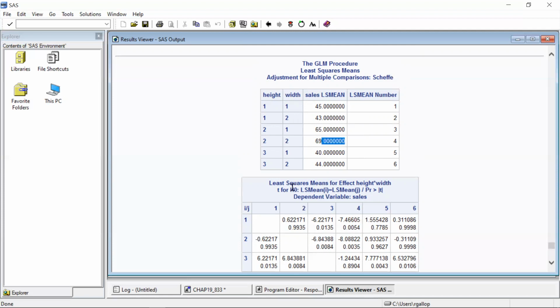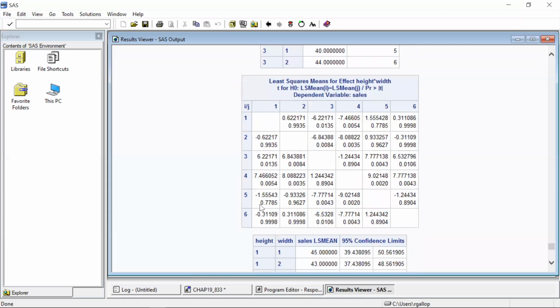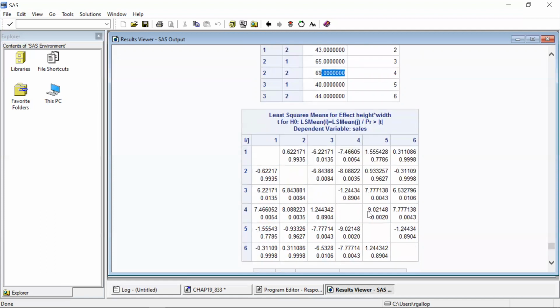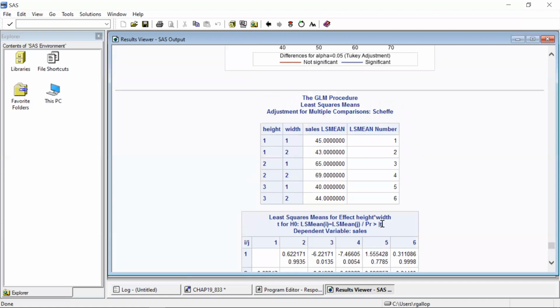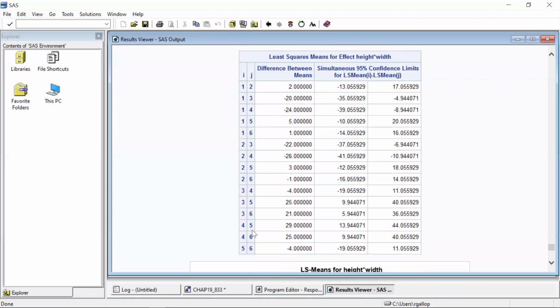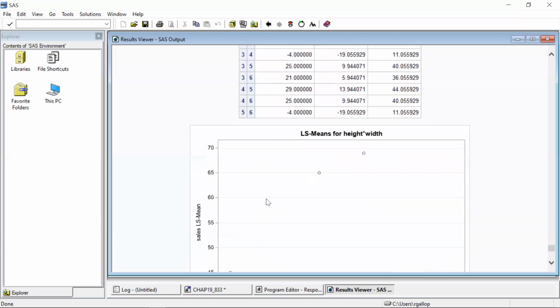69 minus 40. So when we go to the 4-5 comparison, we can see that's still highly significant even under the Scheffé adjustment. The 4-5 confidence interval with the Scheffé is 13.94 to 44.06 if we round it to 2 decimals.